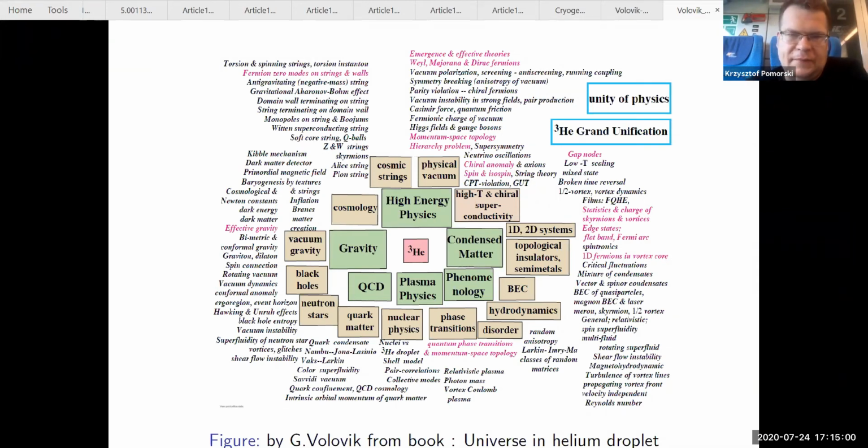You can have a model of high-Tc superconductors. You can have implementation of black holes in condensed matter systems, and neutron stars and so on. So there is a bunch of phenomena that can be described, but we need to first start from the domain of facts.